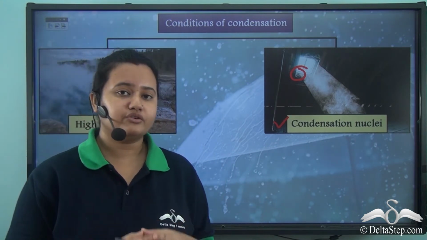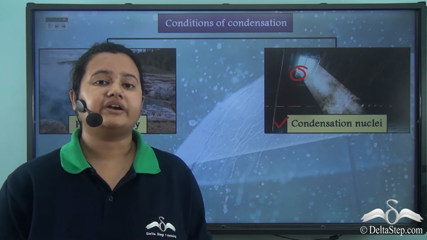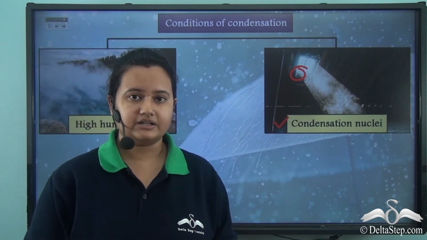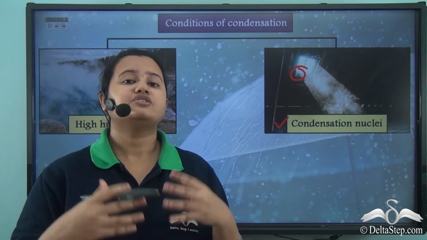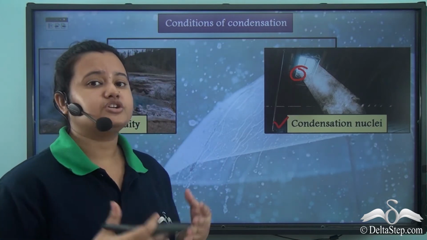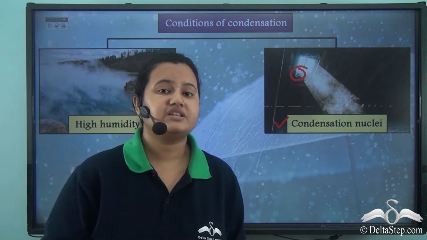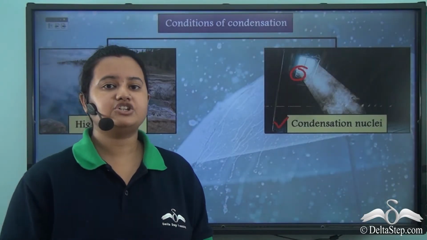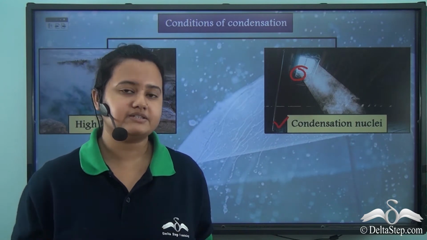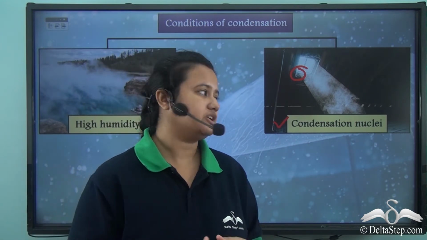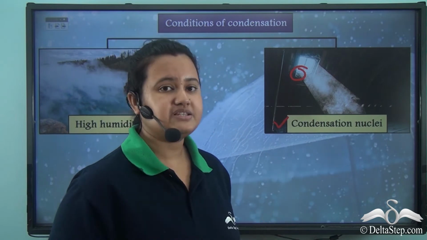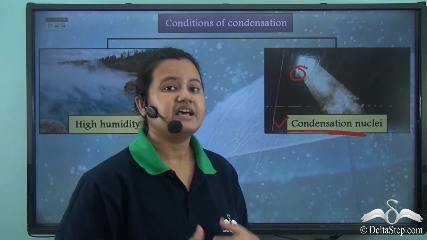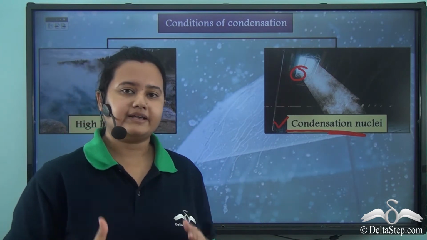Now, the water vapor, when it comes in contact with these cold surfaces, that is dust particles or smoke, transforms into water droplets and the process of condensation begins. So, the second condition that is required for condensation to occur in nature is that there must be presence of condensation nuclei, that is dust particles, smoke, etc.